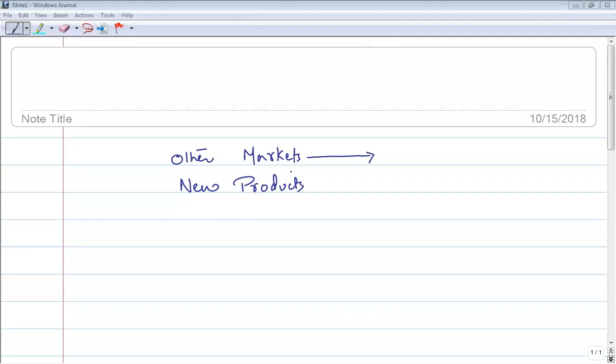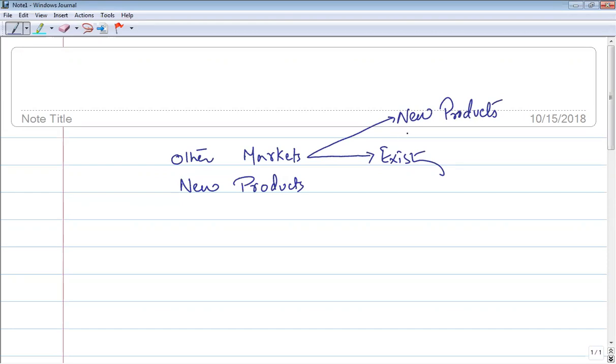So when we say other markets, what do we mean? Should we be entering other new markets with existing products, or should we be entering new markets with new products? So both are possible.